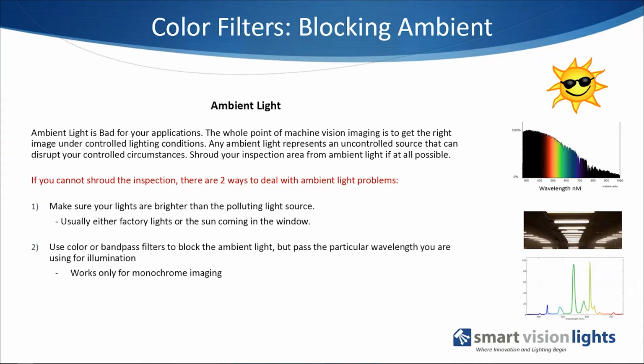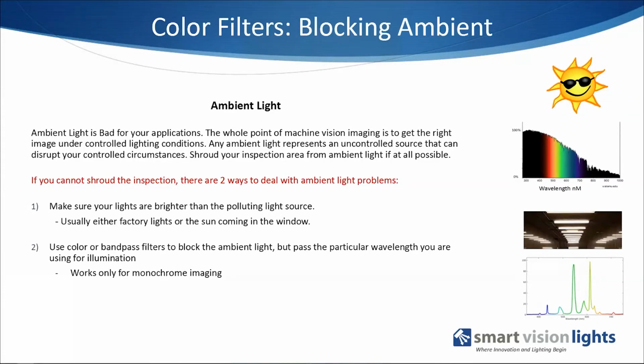But when we talk about sunlight coming in a factory window or a roll-up door or something, this is not at all possible. Sunlight is extremely bright, can be upwards of 70,000, 100,000 lux when we're talking about sunlight at noon on a clear day, and overcoming that much sunlight at a significant level for your inspection is often impossible.